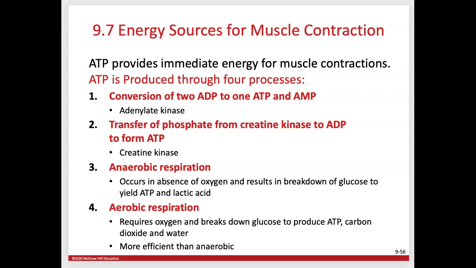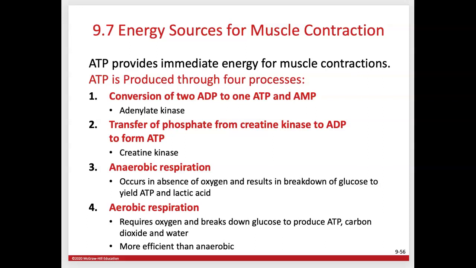That process will yield, like I said, a very low number of ATP. Aerobic respiration requires oxygen for it to work, and that will break down glucose to produce ATP, carbon dioxide, and water. This is a lot more efficient than the previous way to make ATP, anaerobic.